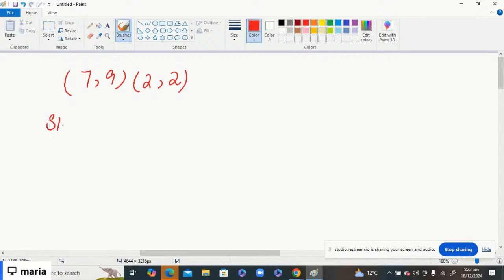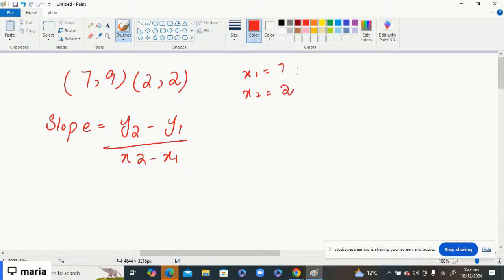So what is the slope? y2 minus y1 over x2 minus x1. So x1 is 7, x2 is 2, y1 is 9, y2 is 2.